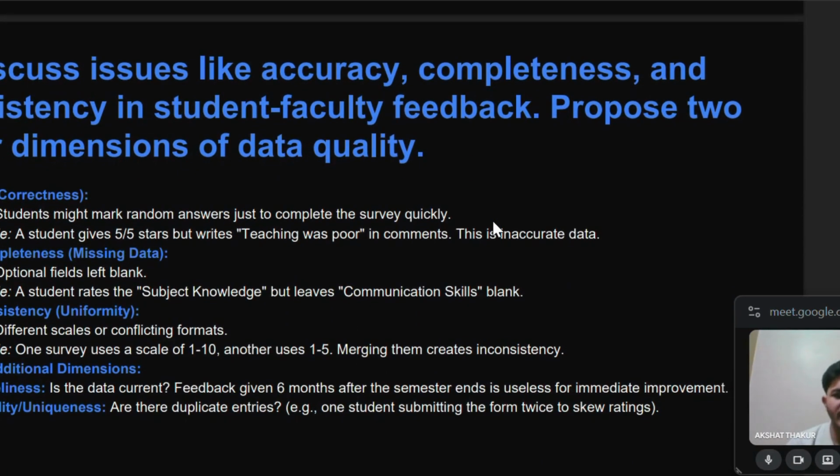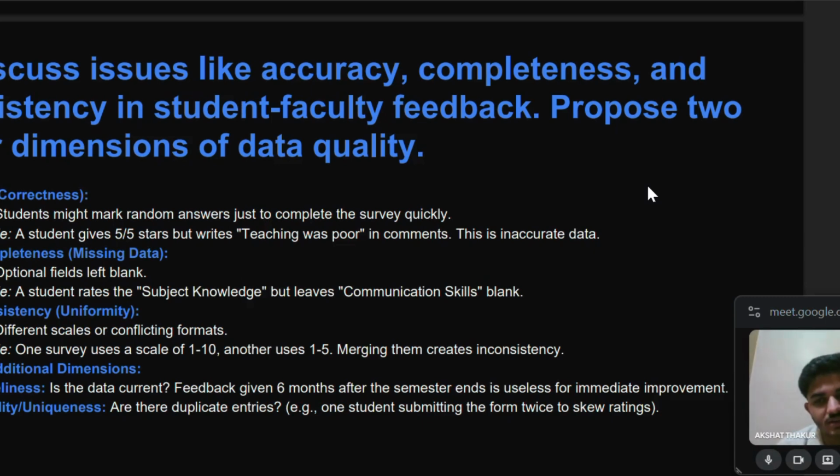First, accuracy, meaning correctness. The issue is that a student might mark random answers just to complete the survey. A student gives 5 out of 5 stars, but in the comments writes that the teaching was poor. This is inaccurate data. Completeness: an optional field is left blank.